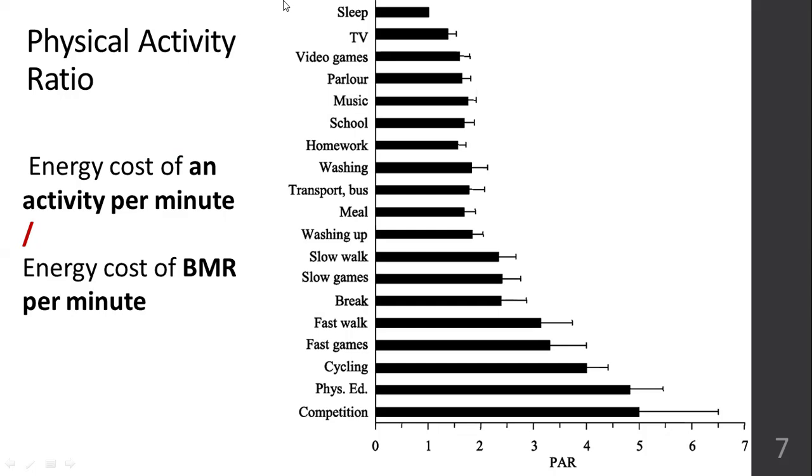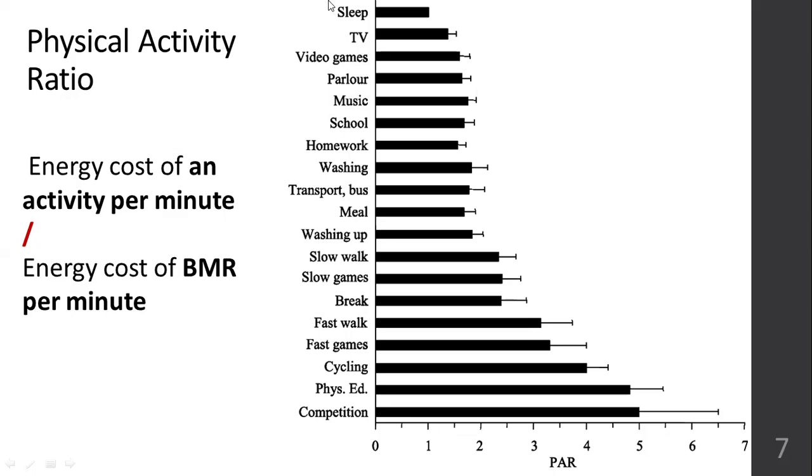Sleeping, watching TV, playing video games, going to a parlor, music, school, homework, washing, transport, eating a meal, washing yourself up, going to a shower, slowly walking, slow games, fast walk, fast game, cycle, physical education in school, that is PT classes, participating in a competition. So these all are activities. There are more activities to it. This is just an example.